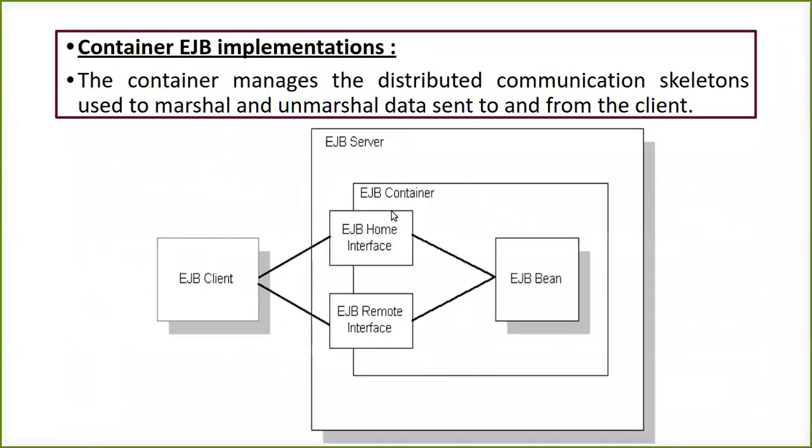Then we have a container, the EJB container. As I told you in one of the lectures, the JSP container is there for dealing with the JSP program. What is the job role of the JSP container? It will separate the embedded Java code from the JSP page and make it available to the Java bean where the Java code gets executed.